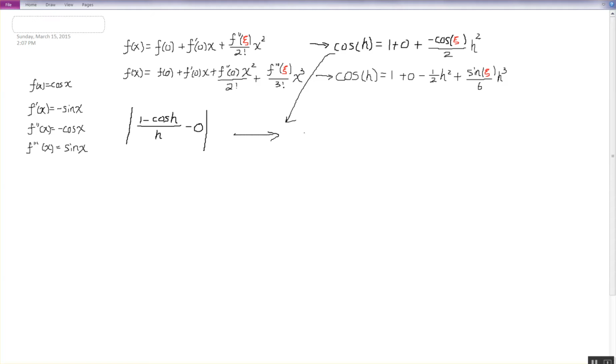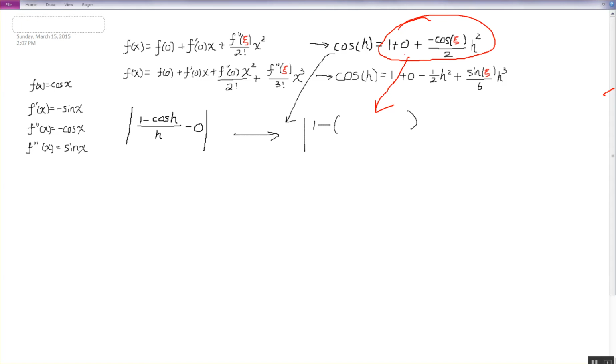The first order result. So from here we have 1 minus, what is my cosine h? I should plug in this in here.